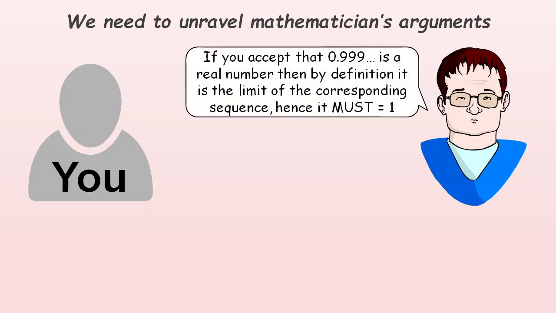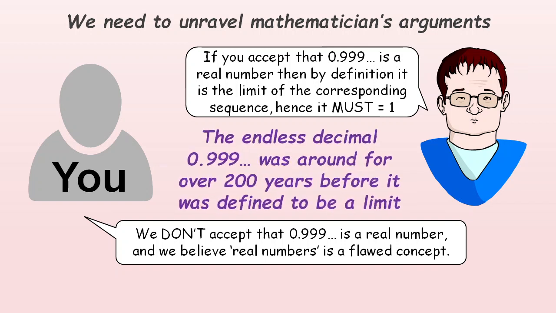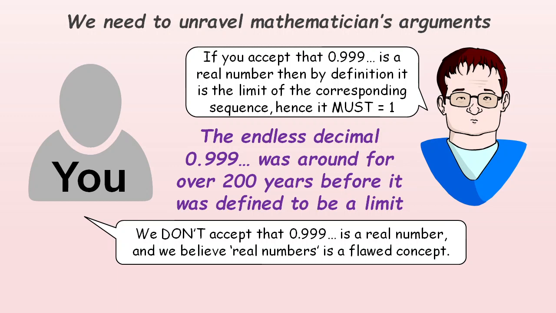Mathematicians will tell us that if we accept 0.9 recurring is a real number, then we have to accept that it does equal 1. But we don't accept that 0.9 recurring is a real number because we don't even accept the concept of real numbers themselves. This symbol 0.9 recurring was around for over 200 years before it was defined to represent the limit of its partial sums.